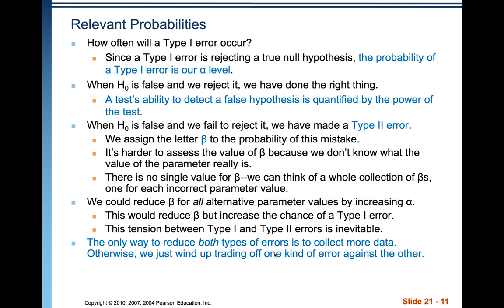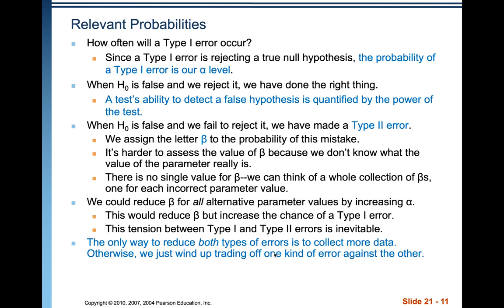How often will a type 1 error occur? Since a type 1 error is rejecting a true null hypothesis, the probability of a type 1 error is our alpha level. When the null is false and we reject it, we have done the right thing. A test's ability to detect a false hypothesis is quantified by the power of the test.